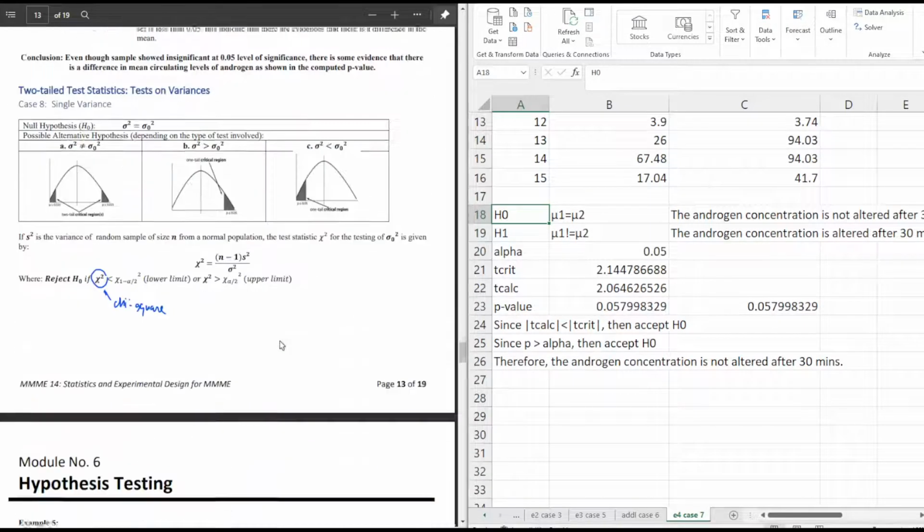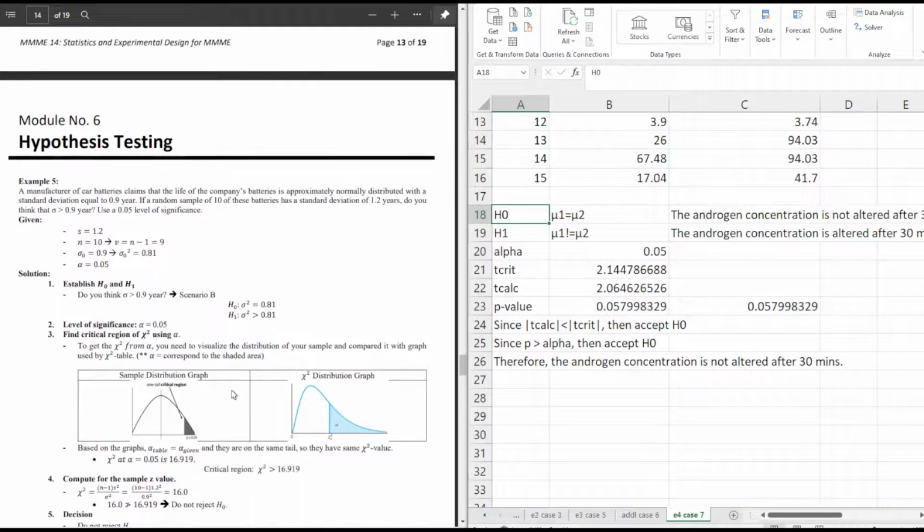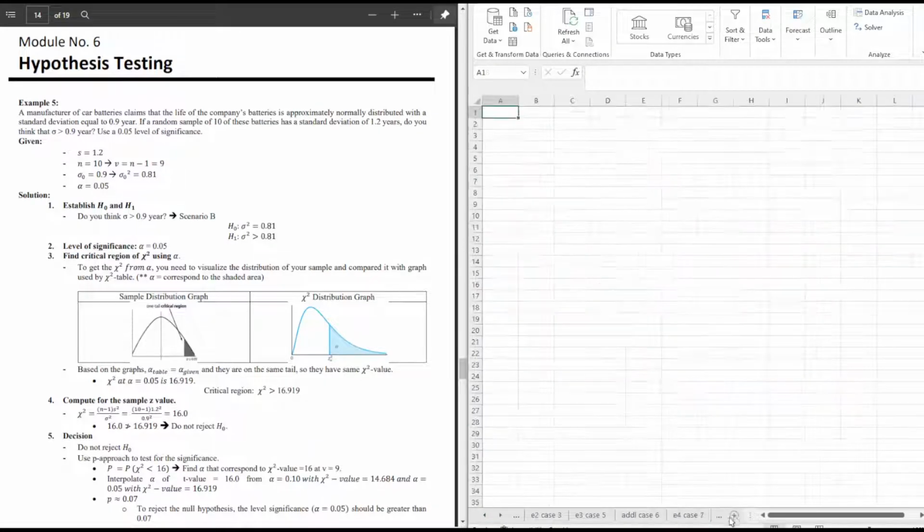So next, let's do example number 5. So let's do E5 here, and let's see what case this is. A manufacturer of car batteries claims that the life of the company's batteries is approximately normally distributed with a standard deviation equal to 0.9.